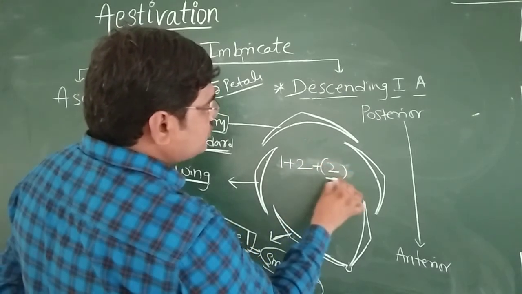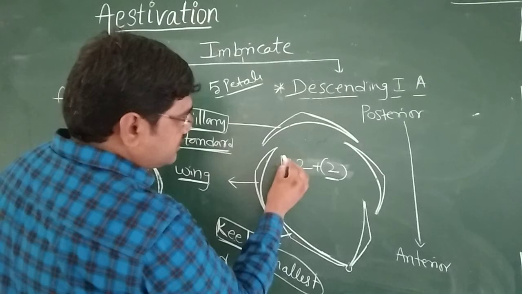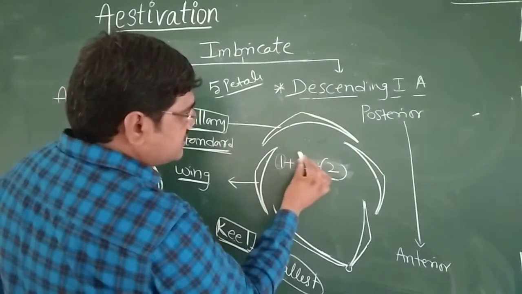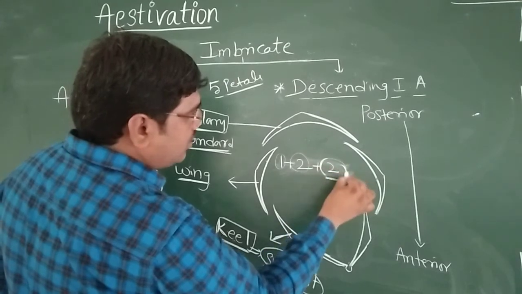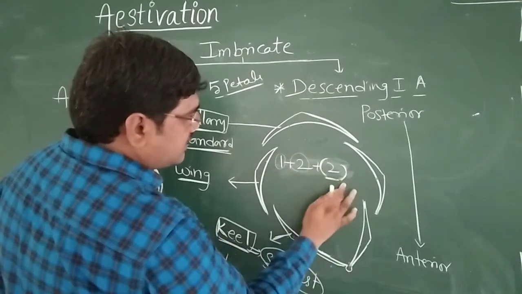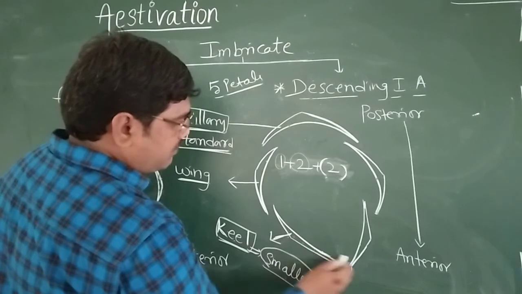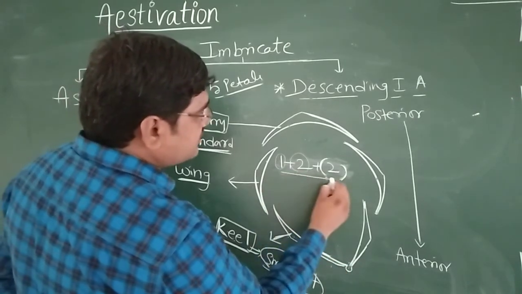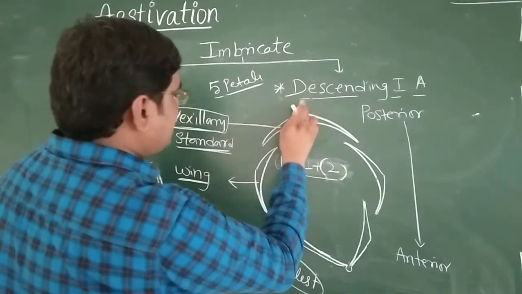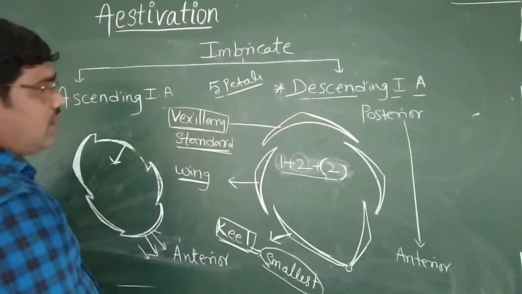These 2 petals are keel petals. This is a standard petal. These are the wing petals. These two are keel petals. These keel petals are united, or fused. So this type of arrangement is called a papilionaceous corolla.